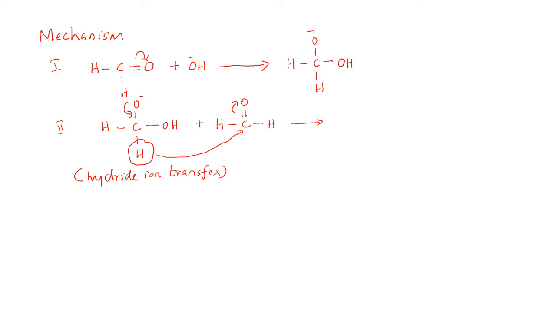When the hydride ion is transferred, it gets converted to formic acid plus the alkoxide ion corresponding to methanol, and there occurs a proton exchange between these two molecules.